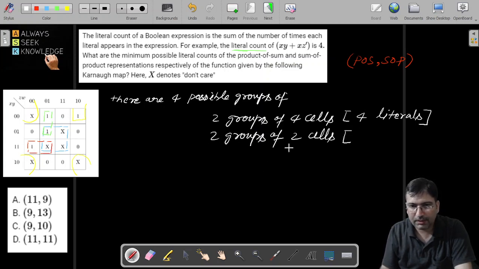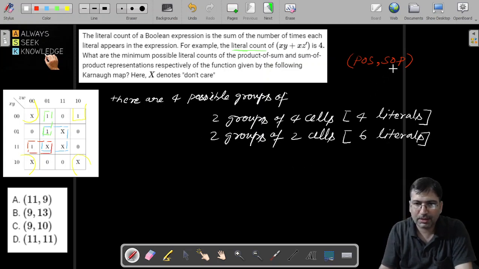Now here we are having 2 groups of 2 cells. So when we are having the pair of 2, only one variable or literal will be eliminated. So that means these 2 groups will give us 3 literals each, so total 6 literals we get here.